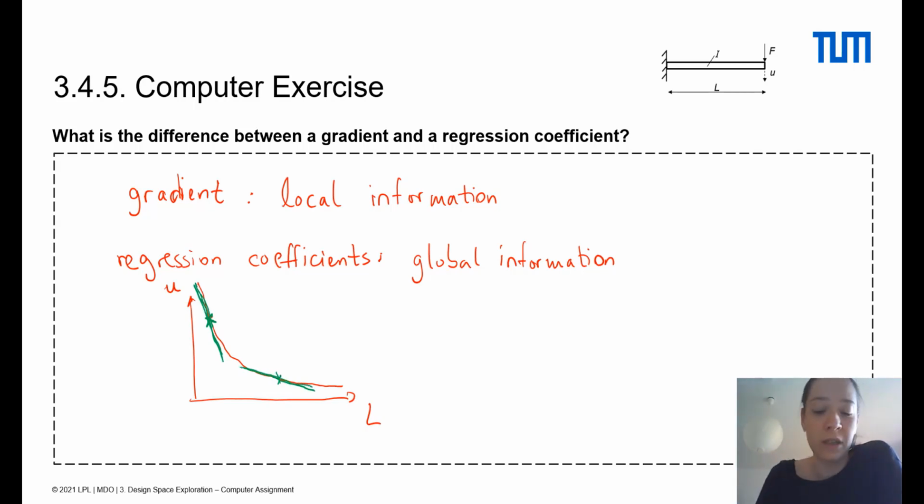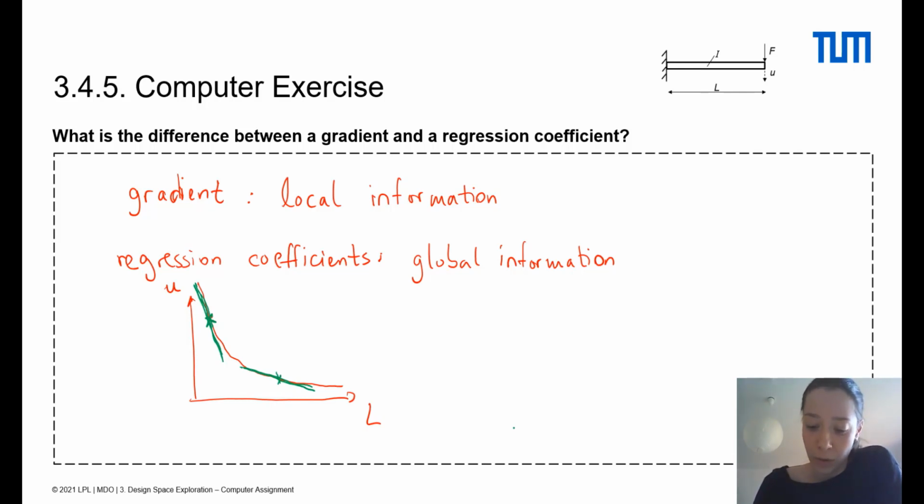So it's always a snapshot of a sensitivity at one particular point in the design space. Maybe you can say before in the task when we approximated the gradient we used different values, so we didn't just use 1 point, but that was simply for the approximation of the gradient. We still try to compute the gradient at one specific point.